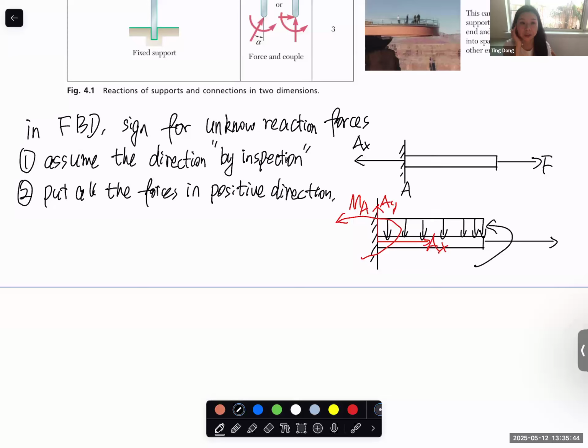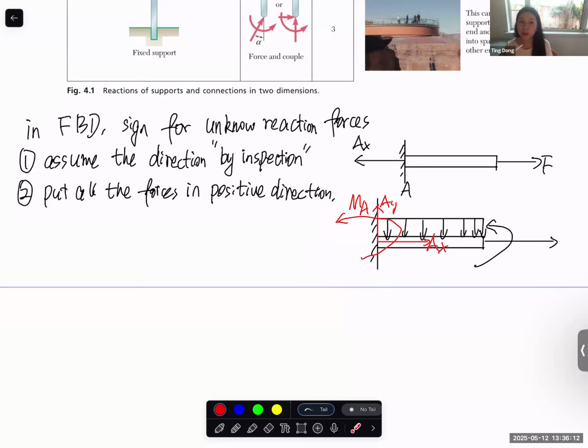So these are two ways for the reaction force, how to put a direction in the free body diagram. And of course, some students in this situation say, okay, I know just by inspection that the reaction moment is in this direction, and somehow the calculated value is negative, and that is okay.